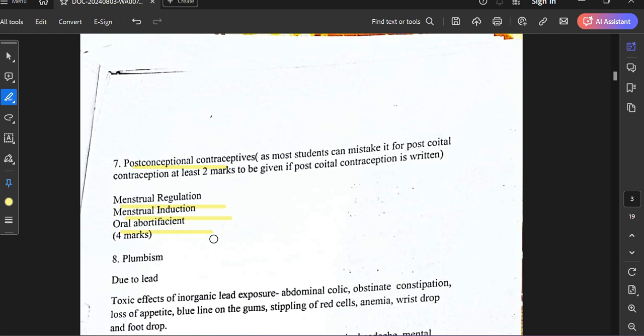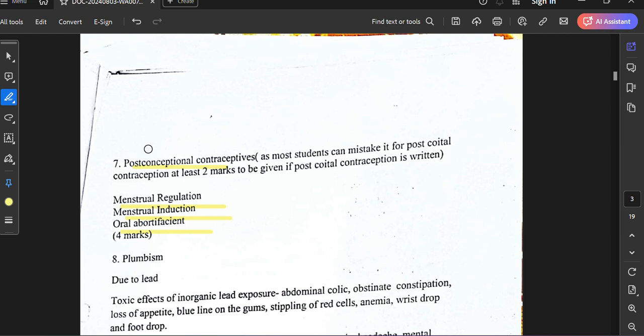Then you can take drugs after consulting a qualified gynecologist for having menstruation, that is menstrual induction drugs. Then you can take medicines like mifepristone, which are oral drugs that act as abortifacients. That means the lady will have cramps and pains and extra bleeding, and the pregnancy will be aborted.